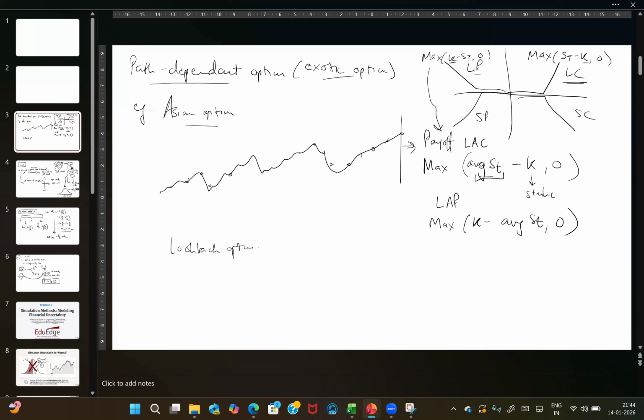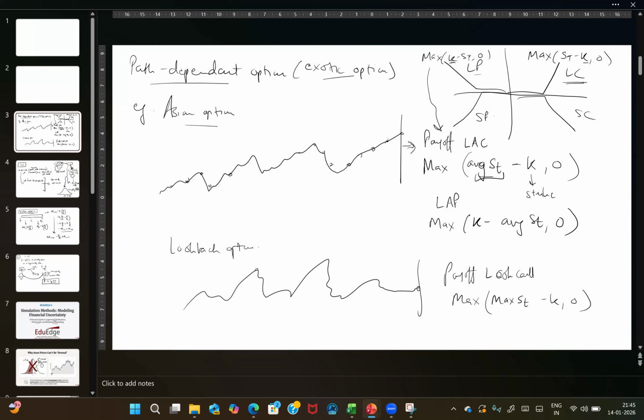So suppose this is the path of the asset, and at maturity, the payoff of say look back call option will be equal to the max stock price achieved on the entire path minus K, comma 0, which means it will see all the peaks.